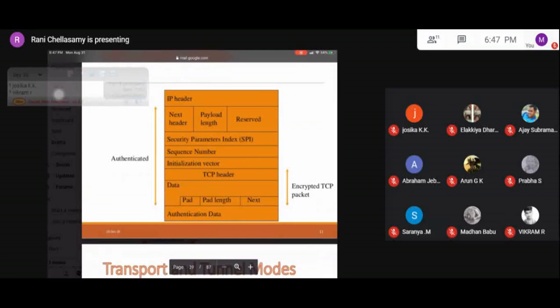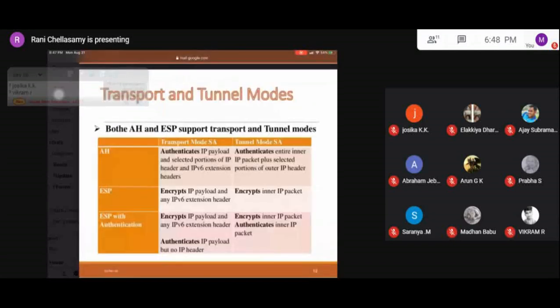Coming on to the next, see here this Internet Protocol security, IP security protocol, can be operated in two types of modes. One is the transport mode, the other one is the tunnel mode. So what are the components we are seeing?